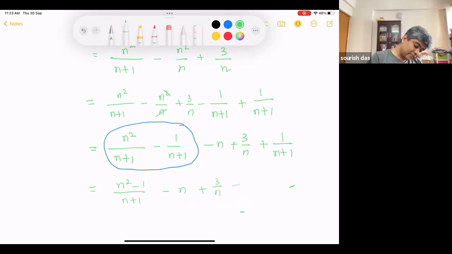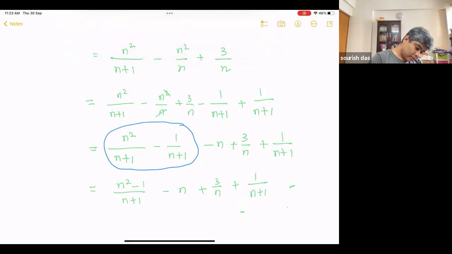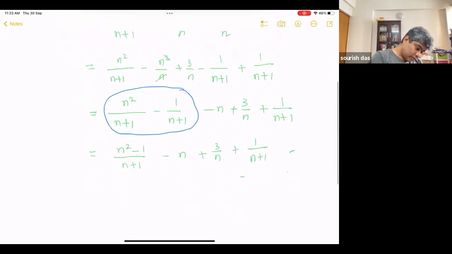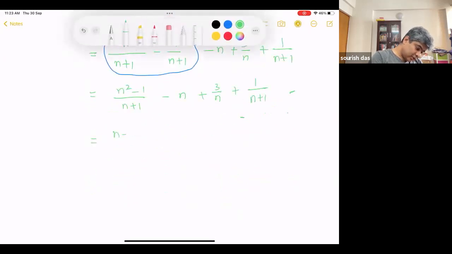I'm writing every step, I'm not jumping, okay? Then it is n minus 1 by n plus 1 divided by n plus 1. So this cancels. This is 3 by n plus 1 by n plus 1.